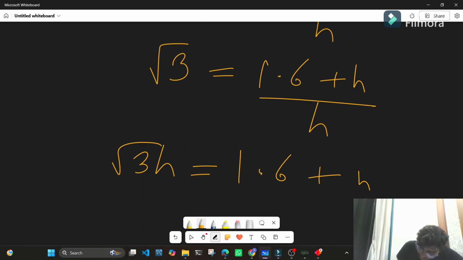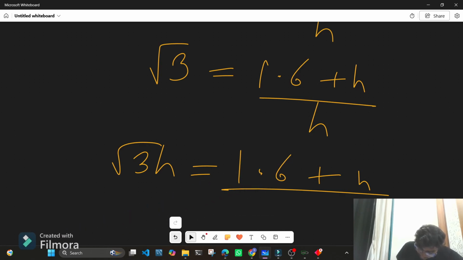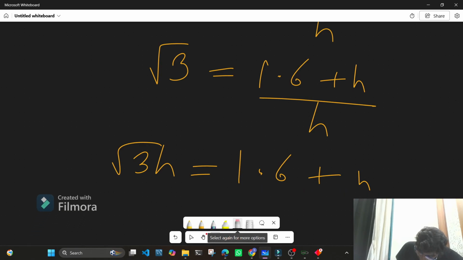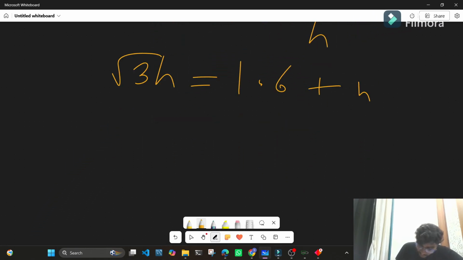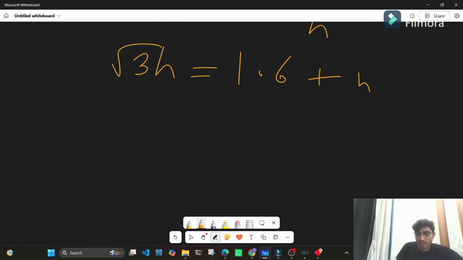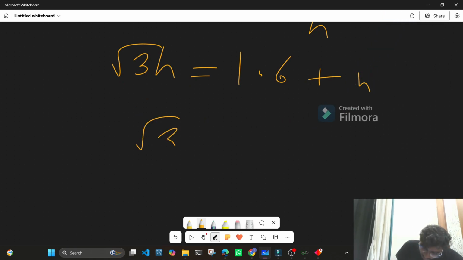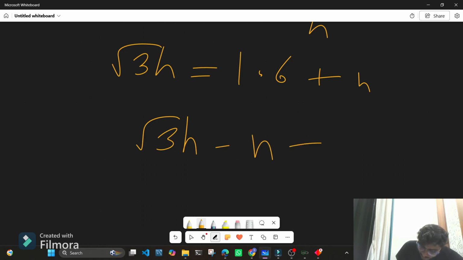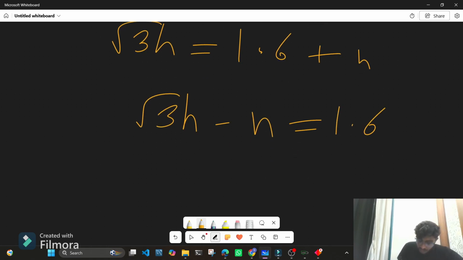1.6 plus h. Now, if I take all the h terms to one side and the other term to the other side, I get root 3 h minus h is equal to 1.6.